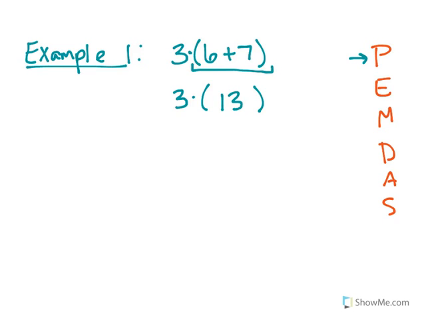Now at this point in time, since there's nothing affecting these parentheses, you can actually get rid of them. So this is the same thing as 3 times 13, which is equal to 39. So in PEMDAS, there was no exponents. I went right into my multiplication, no division, well, the addition was inside the parentheses, and then no subtraction.